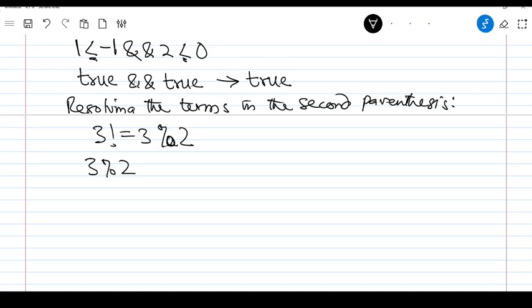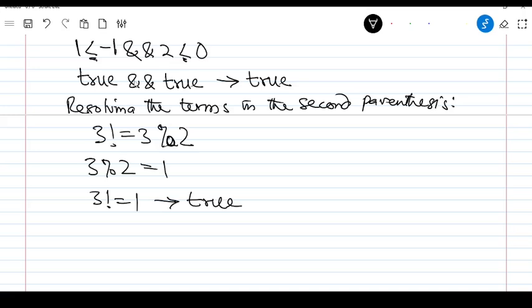So we just did that here now. So 3 is not equal to 3 modulo 2. So 3 modulo 2 is going to be equal to 1. Okay. And so we have here 3 is not equal to 1, which is going to be evaluated to true because 3 is actually not equal to 1.